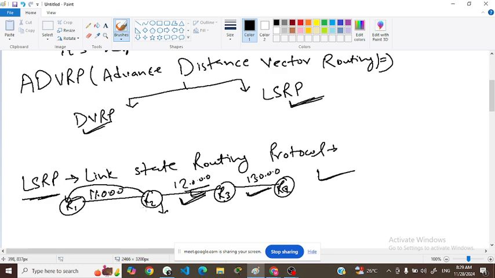Then R2 will not only give the 11, 12, 13 network, it will also tell R1 that 12 is directly connected with me and 13 is not directly connected with me. I am getting this 13th network with the help of the 12th network, and this 13th network is directly connected with R3.